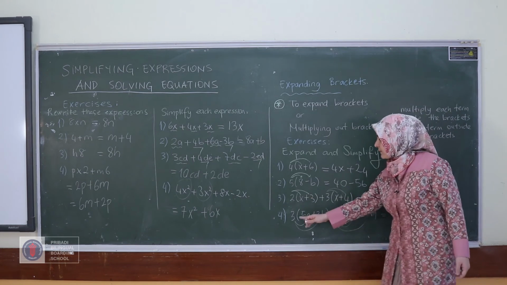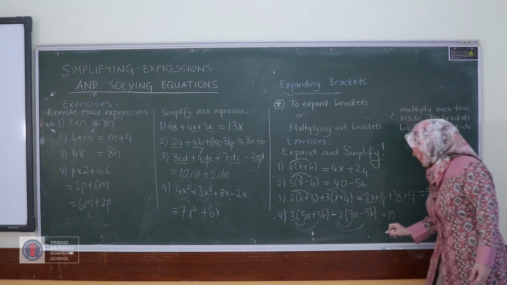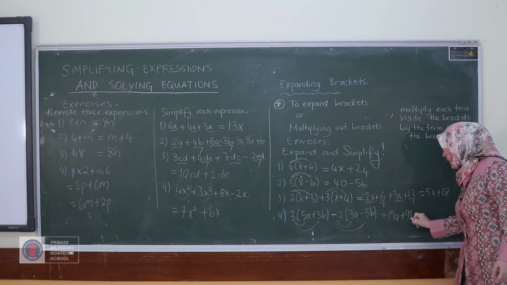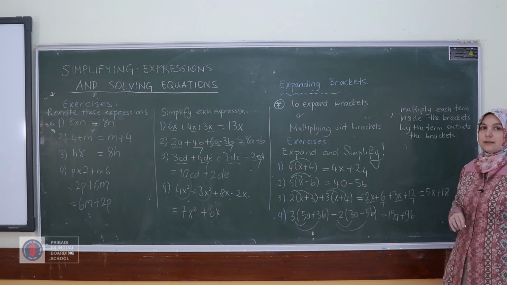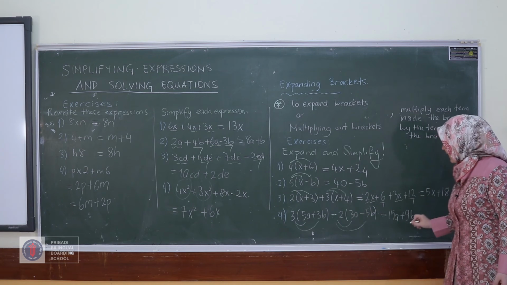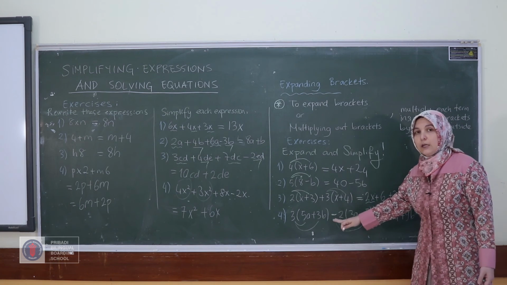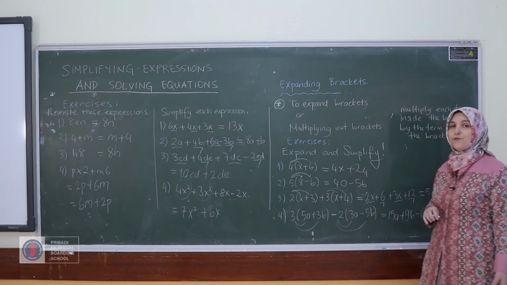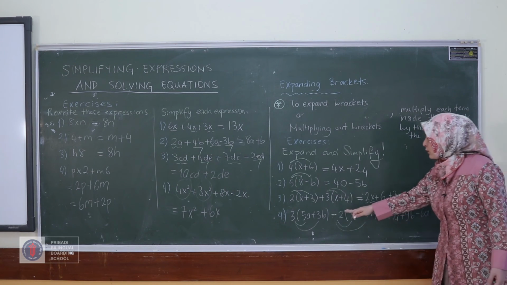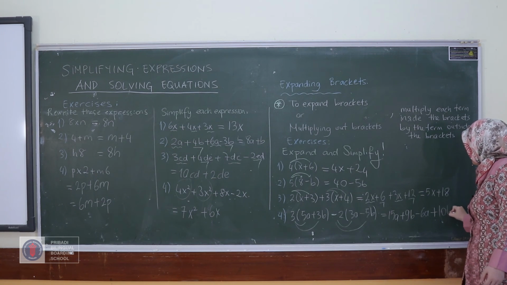So let's start. 3 times 5a, 15a. 3 times 3b, 9b. And then this part is important. Negative 2 times 3a is negative 6a. And negative 2 times negative 5b. Negative times negative is positive, as you know. So negative 2 times negative 5b is positive 10b.